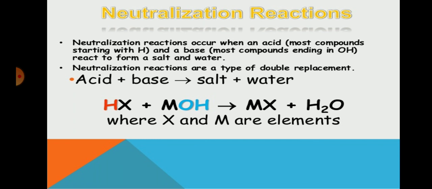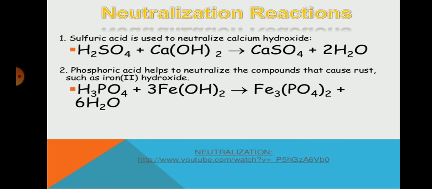Acid plus base yields salt plus water. Sulfuric acid is used to neutralize calcium hydroxide. Phosphoric acid helps to neutralize the compounds that cause rust, such as iron hydroxide.